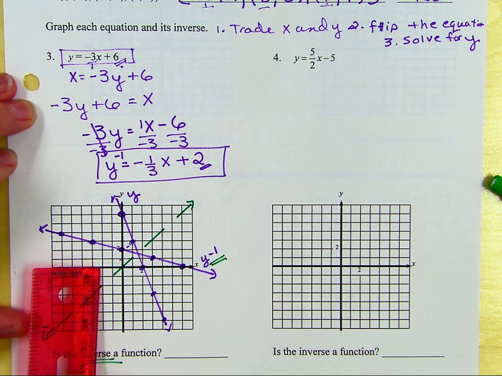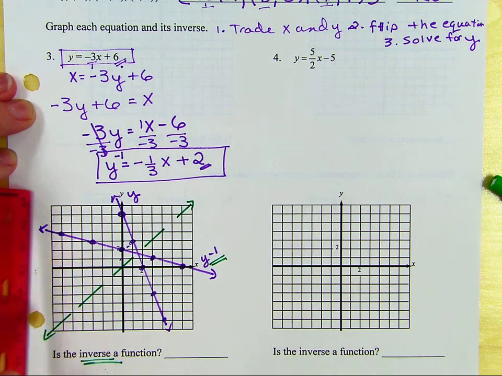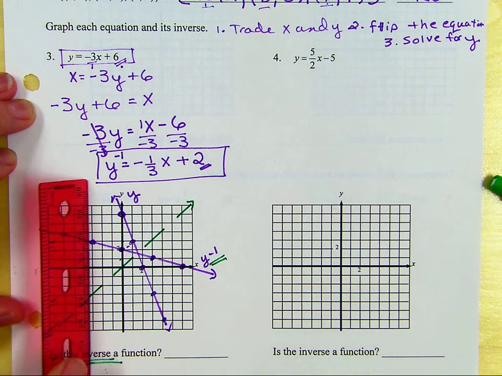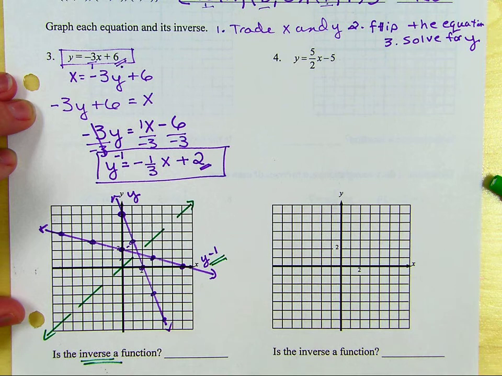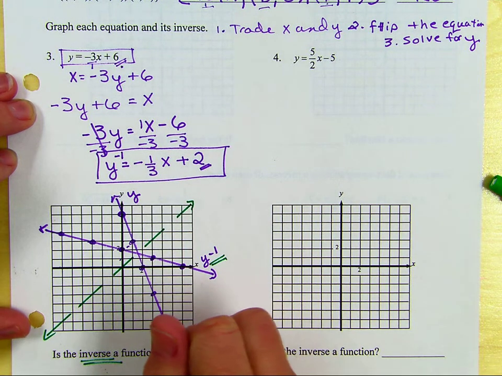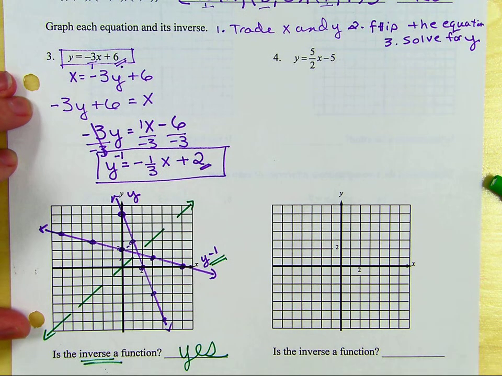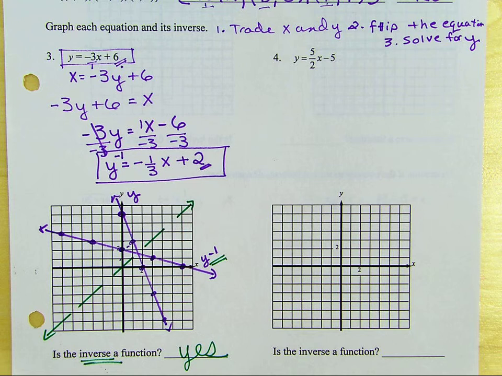This is called my vertical line test, where each time it only hits that inverse function once. That means that yes, it is a function. If you're not sure what I'm saying here, just hang on, because when we get to the other side and we're looking at the square root functions and their inverse, you'll see what I'm talking about. Okay?